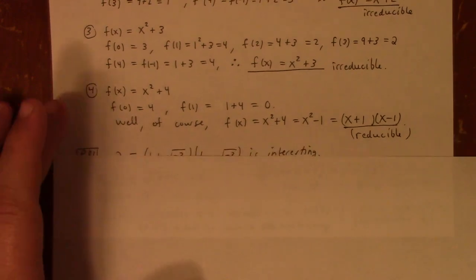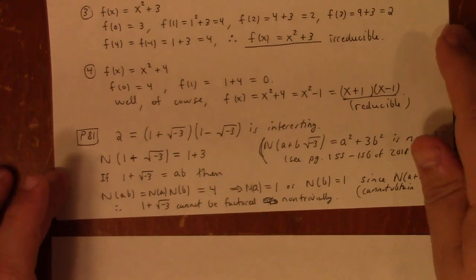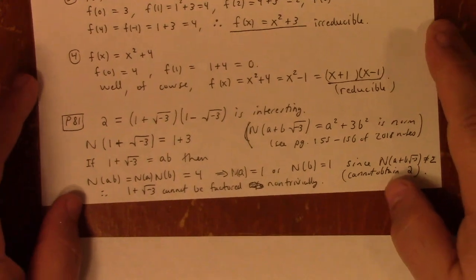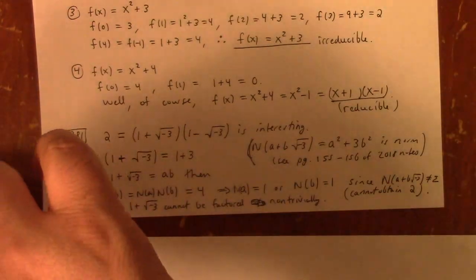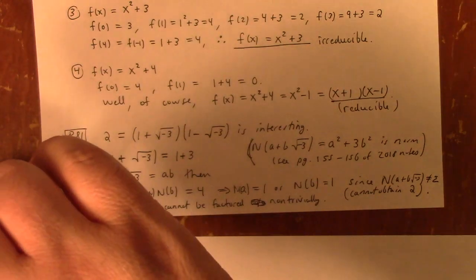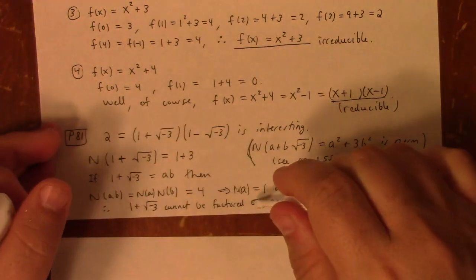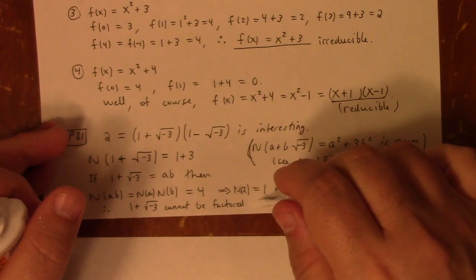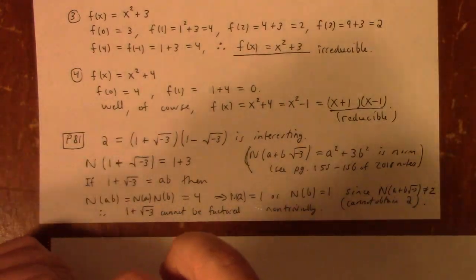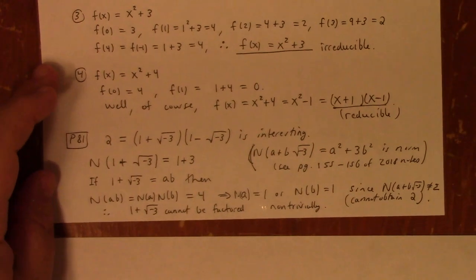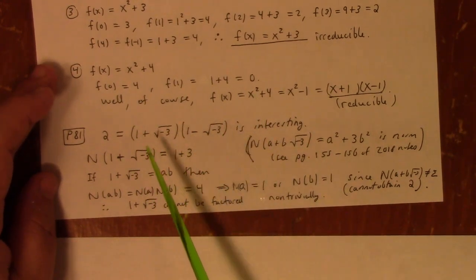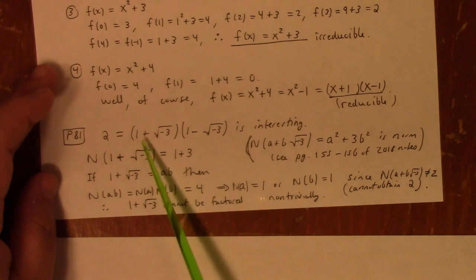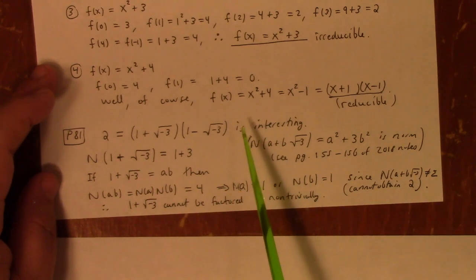It's not irreducible. Now, problem 81, I think I essentially solved in the video which I asked you guys to watch, and I'll talk about the solution here again, just a sketch of it, basically, but this is most of it, I think. And so the reason this is an interesting question is because 2 factors as 1 plus root 3 times 1 minus root 3, that's interesting.